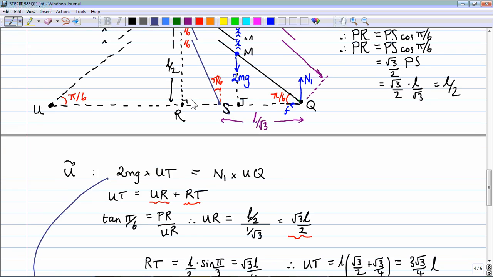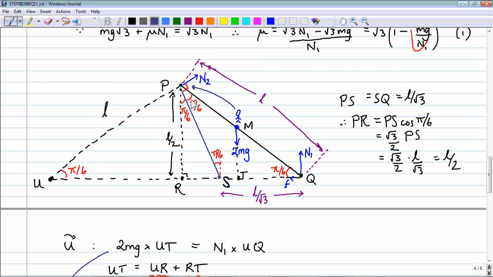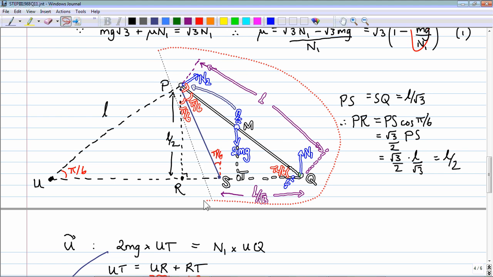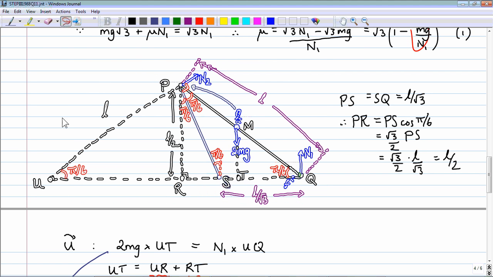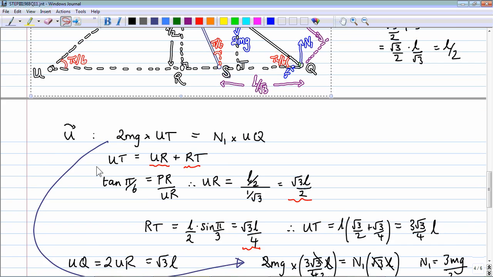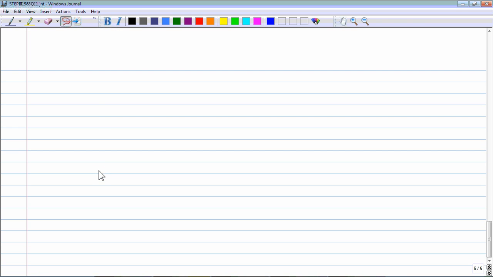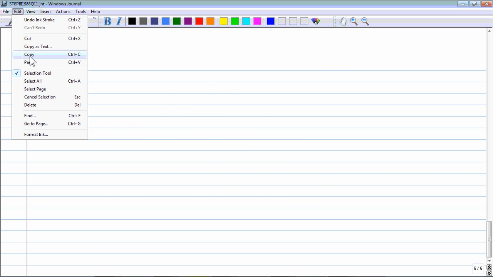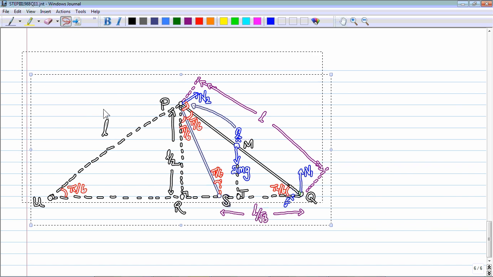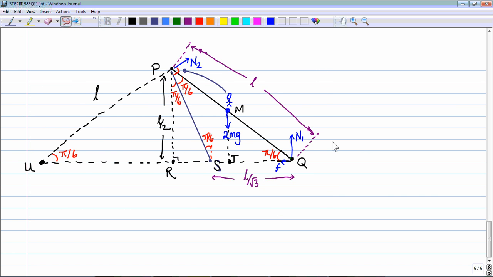Now what I'll do therefore to save some time is make a third copy of this diagram, but then edit it slightly so that we can consider the case of the labourer being at the top of the ladder.